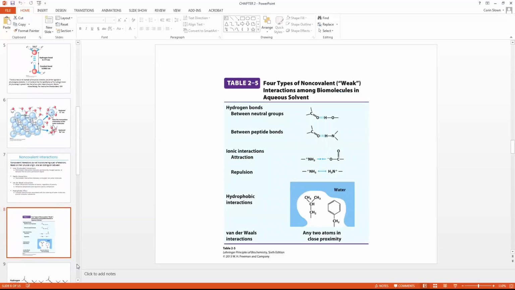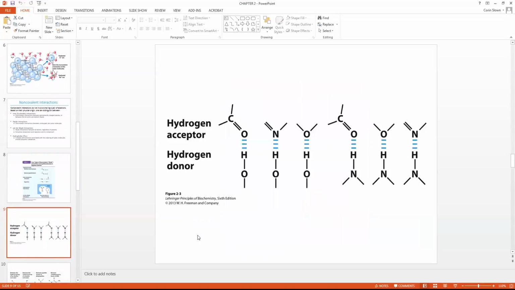So if I take a look at examples of these non-covalent interactions, I'm probably going to want to have at least a reference point as an example for each of these going forward. So if I take a look at hydrogen acceptor and hydrogen donor, I can see that that can actually come from a variety of different functional groups, as long as I have an electronegative oxygen or nitrogen compared to a lower electronegativity hydrogen.